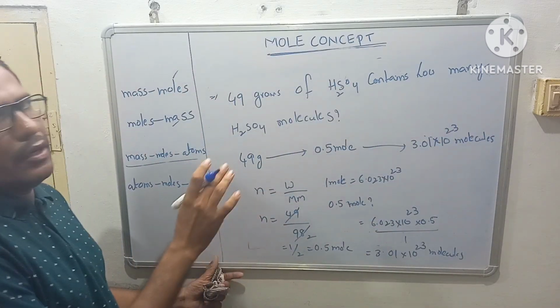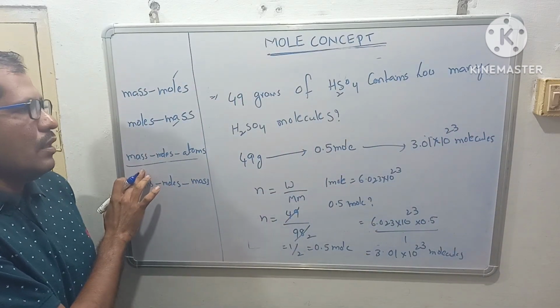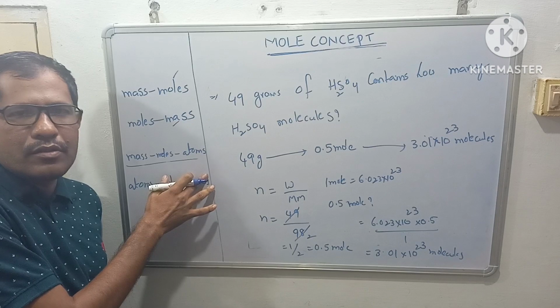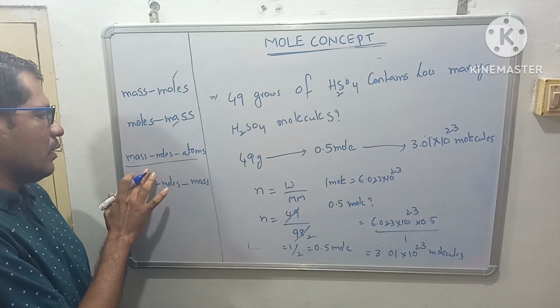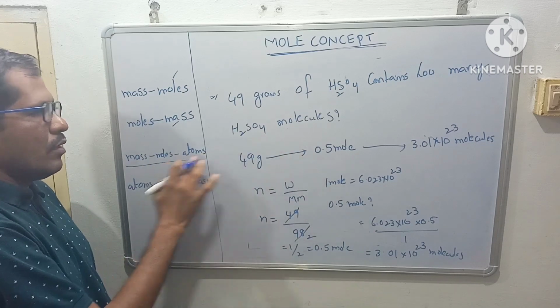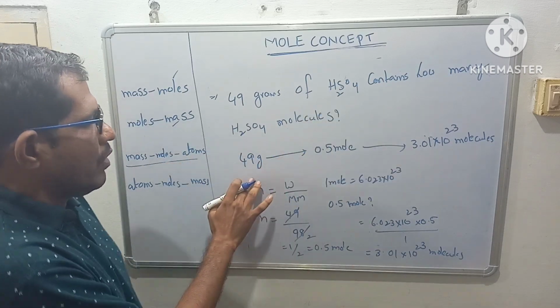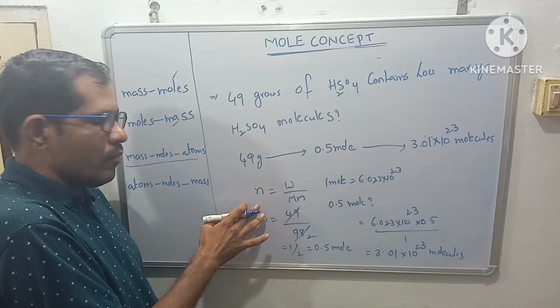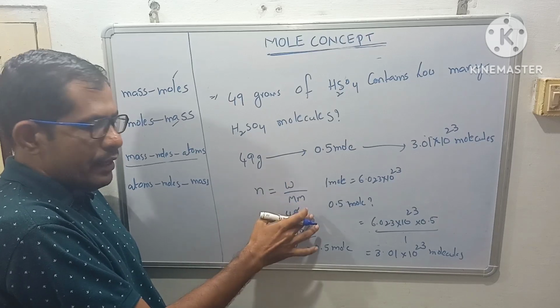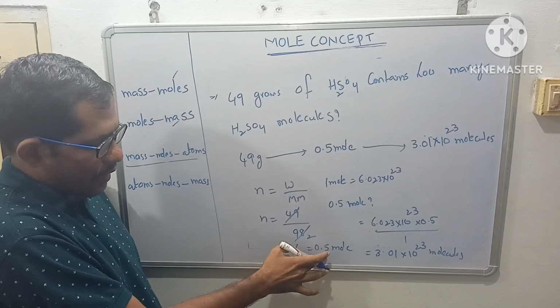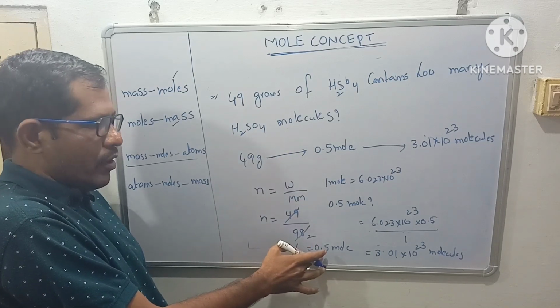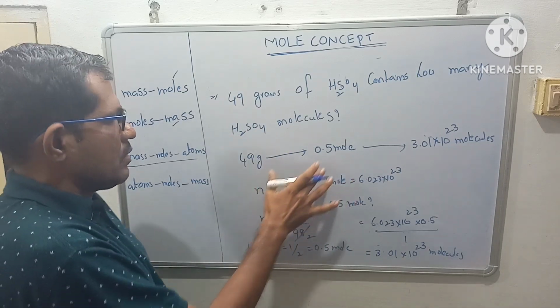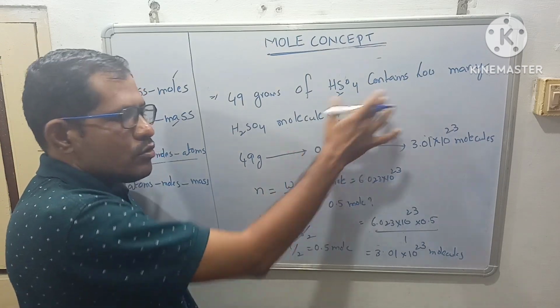I repeat, in the question he has given the mass, and he asked us to calculate the atoms or molecules. So we need to follow this path. First, I am converting the mass to moles and then moles to molecules. To convert the mass to moles, we have the formula moles equal to weight by molar mass. From that, I have calculated the moles of the H2SO4 is 0.5 mole. The next step is converting the moles to molecules.